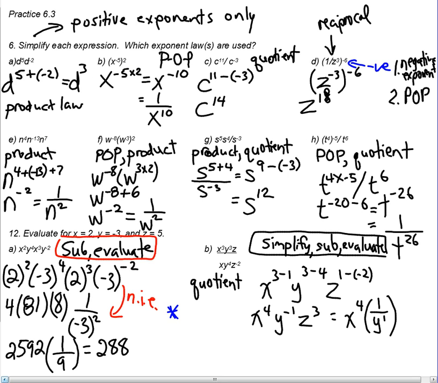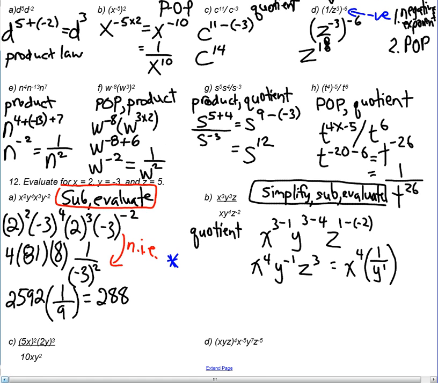Going back to our examples here, continuing on, this is multiplied by z cubed, and if we were to simplify this, we would have x to the fourth times 1 times z cubed all over y. Okay, and we think a little bit like multiplying fractions. We've got three fractions, we multiply across the top, write that as a common expression, and multiply across the bottom, which would be 1 times y times 1.